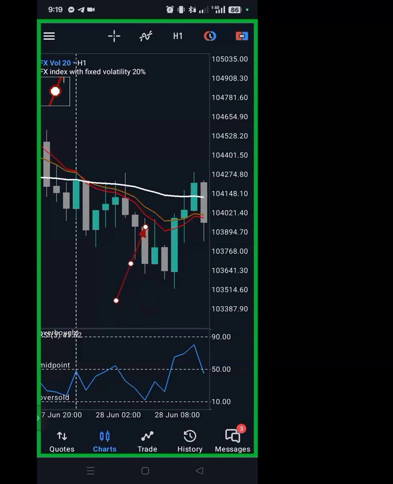They both have wicks. Now, for this bearish candle, this up here is the high, and this end of the wick is the low. The open price is at the top, the close price is below. While the next candle that follows it, you can see it doesn't have a wick. That means that both the open and the low are the same price, right?